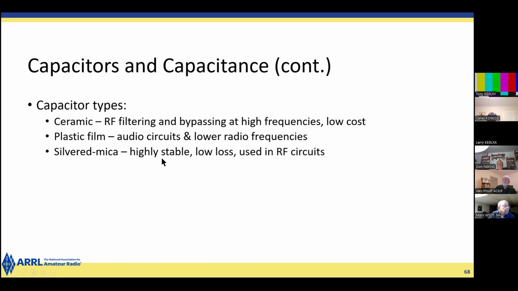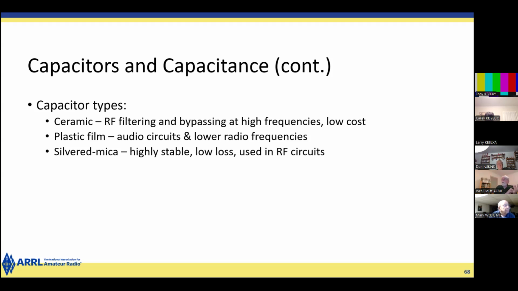Silver mica capacitors are very good. They have low losses, which means that they act as pure capacitance. There's something called equivalent series resistance, where the resistance of the wires and the metal in a capacitor will act like a hidden resistor in series with the capacitor itself. Silver mica capacitors are low loss.